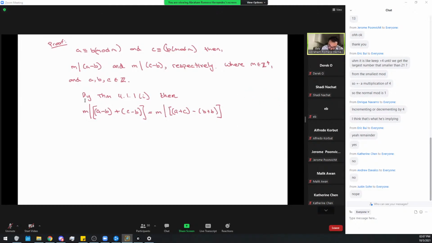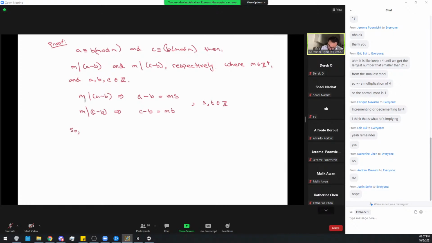So M divides this. Actually, no. M divides A minus B, which means that we have A minus B equals M times S. M divides C minus B, which means that C minus B is equal to M times T, where T and S are some integers.